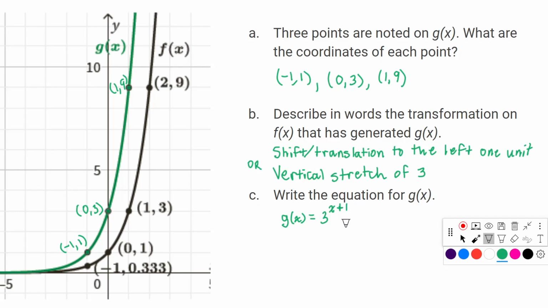So you might remember when you worked with quadratics in a previous course that when you have a horizontal shift, the direction of the shift is opposite of the sign that you see after the x and then the number of units it shifted. So this is for the translation.